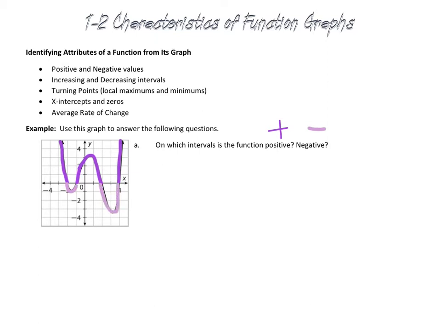So when it asks us to write the intervals, we are then going to be looking at this interval from this x value, which is actually negative infinity because it has an arrow, to here, and then this interval from here to here, and then this interval from here to here, and that interval, and that interval. So we're just going to break it down into the x values like this.